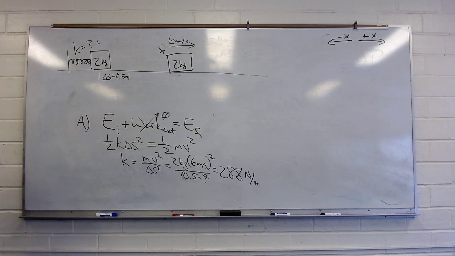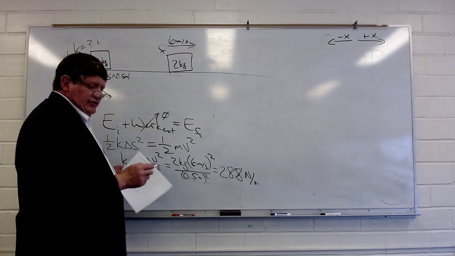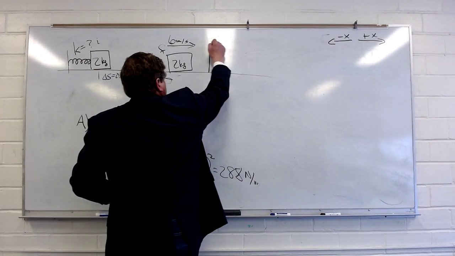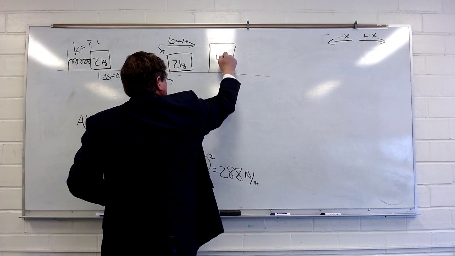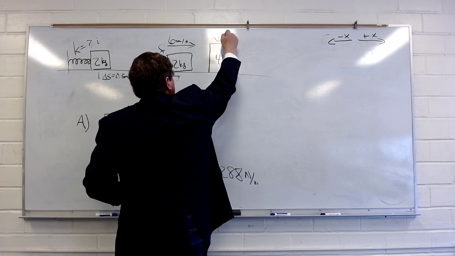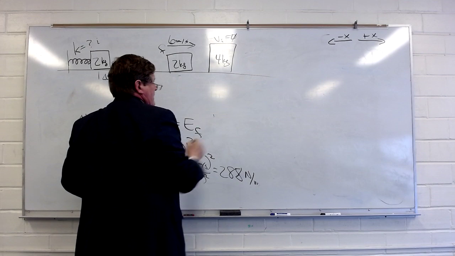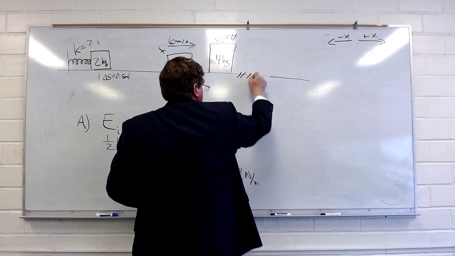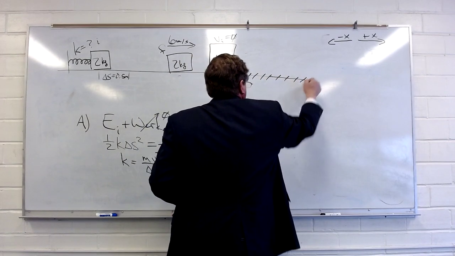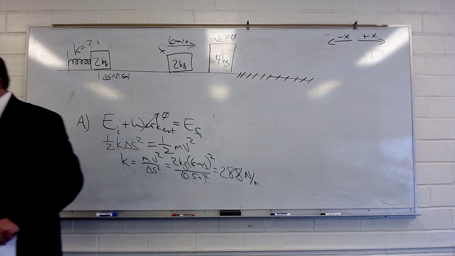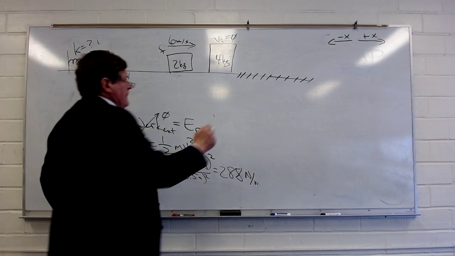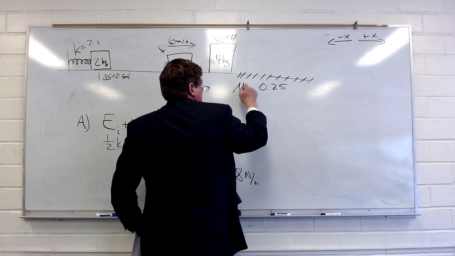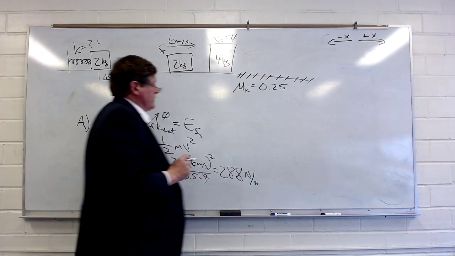Now, we're told that there's a second block in this problem. It's a 4 kilogram block that is originally not moving. And to the right of this block, there's a rough patch that has a coefficient of kinetic friction of 0.25.